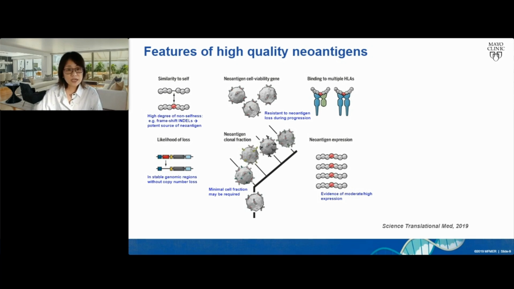Second, tumors are known to have immune selection during proliferation and progression, and lose clonal neoantigens in new subclones. So if a neoantigen is from passenger mutations of a gene critical for tumor survival, it is more resistant to neoantigen loss.